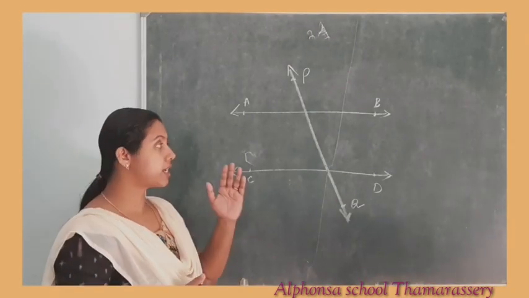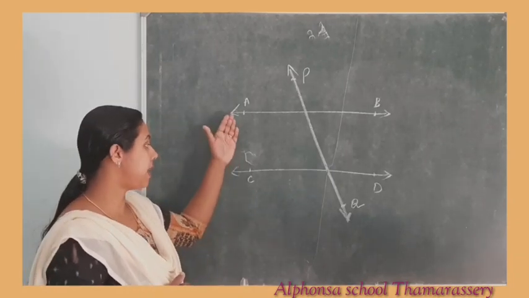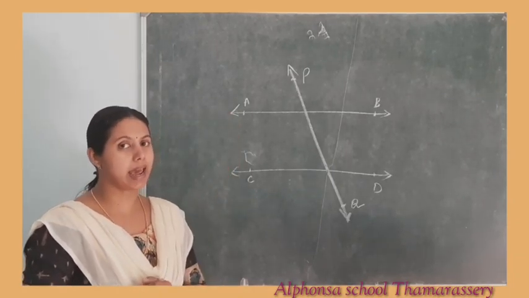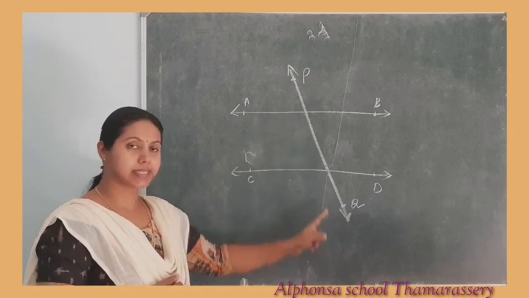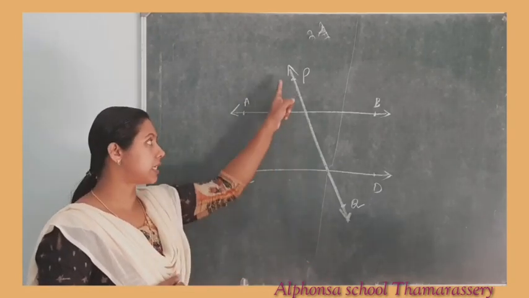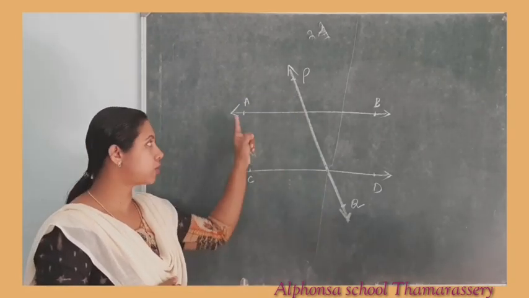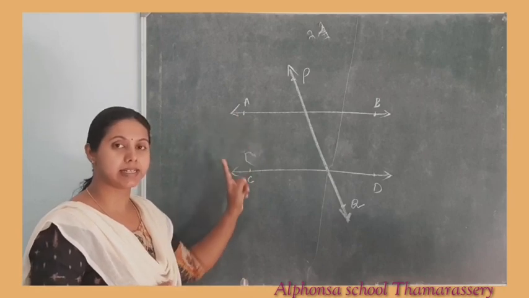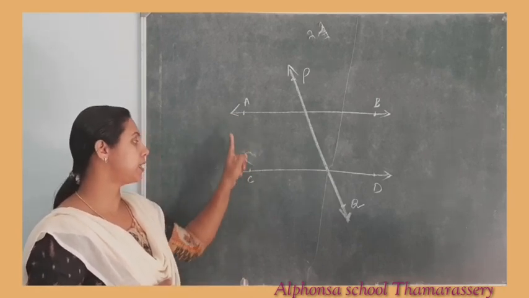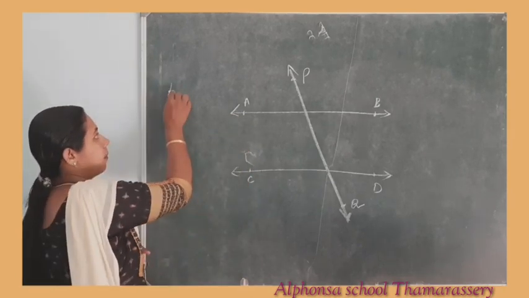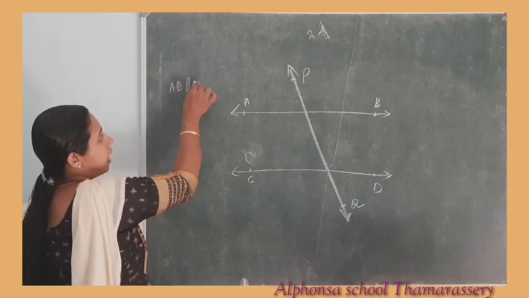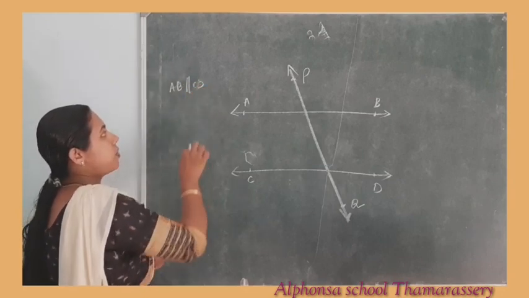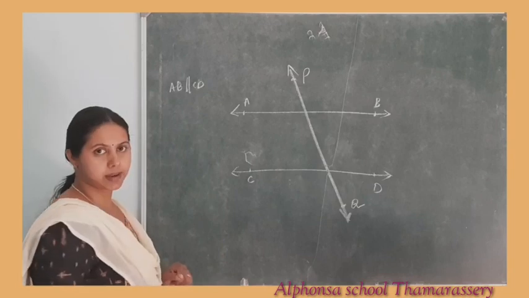Now, consider these two parallel lines. AB and CD are two parallel lines, AB is parallel to CD, and PQ is a transversal. The transversal PQ intersects the two parallel lines AB and CD.